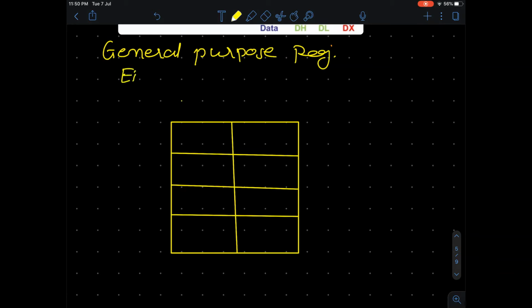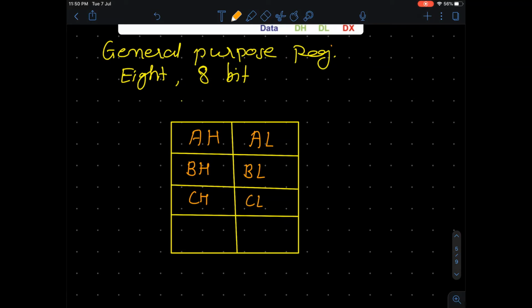There are total 8-bit registers such as AH, AL, BH, BL, CH, CL, DH, DL. All those registers are 8-bit registers, and all the registers can be used as general purpose registers.